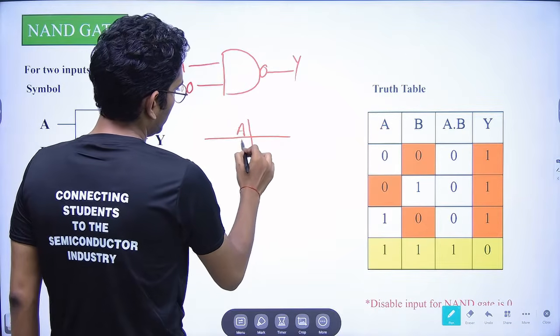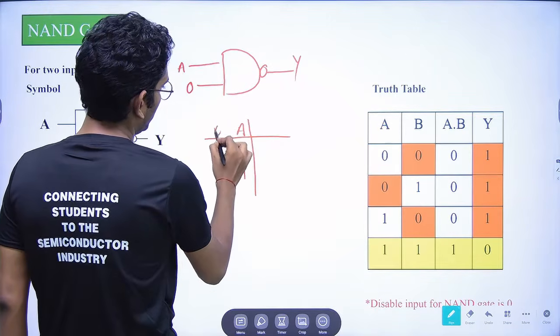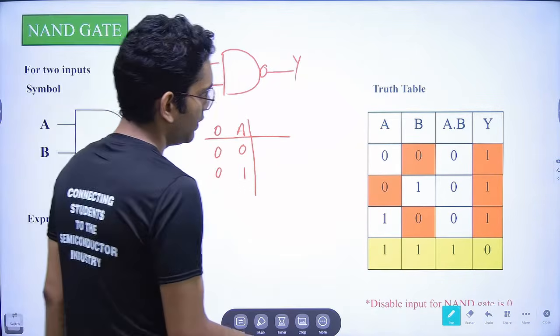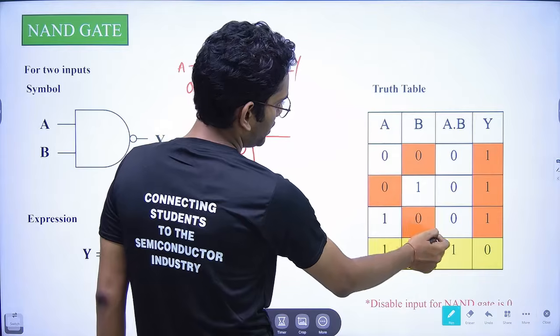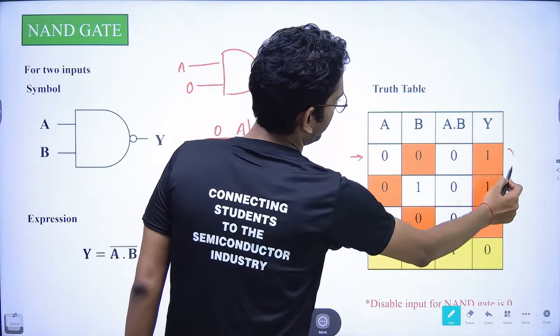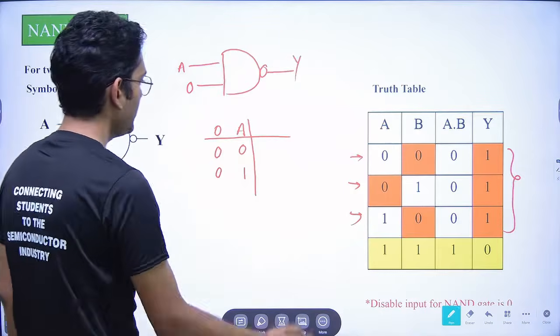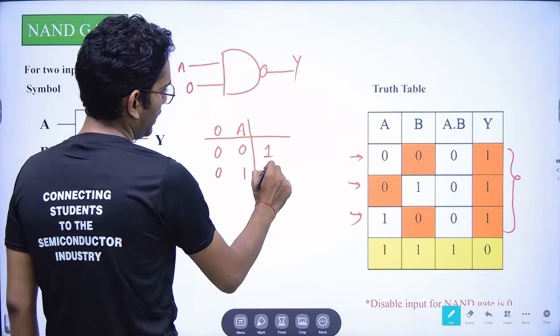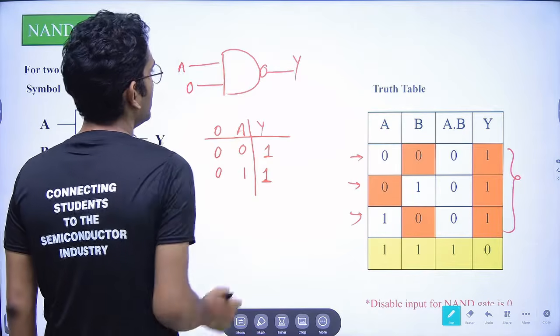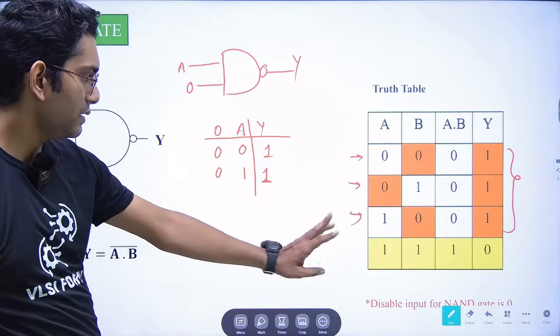A is 0 and 1, and for 0 the other input is 0 and 0, obviously. Fine. So what we can see is, if any of the input is 0 in a NAND gate, we are getting 1 as our output. In this case we will get 1 as the output, and in this case also we will get 1. Fine. So the disable input for the NAND gate works like this.